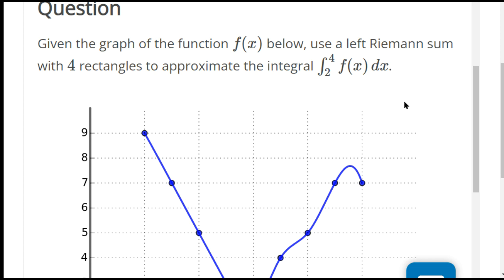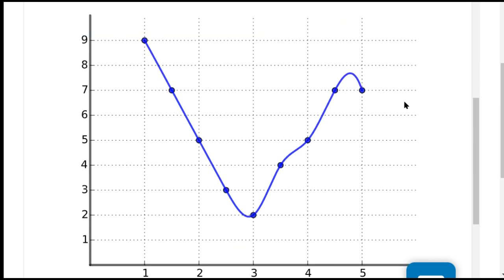Given the graph of this function, use a left Riemann sum with 4 rectangles to approximate the integral from 2 to 4 of f of x. So I have here my function f of x. And here, let me get a picture of it so that way I can kind of write on it.